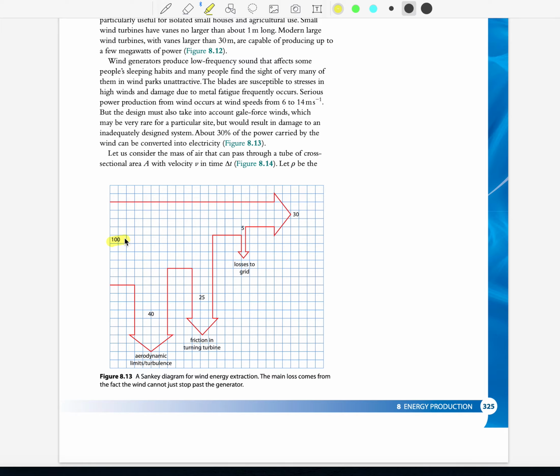This is the input, this is the output, so 30% efficiency. Where does the rest go? Any kind of losses that you have in the blades due to turbulence. Some of the kinetic energy of the air is not totally converted to electricity, or is lost to friction in the mechanical parts, losses to the electricity grid, etc.